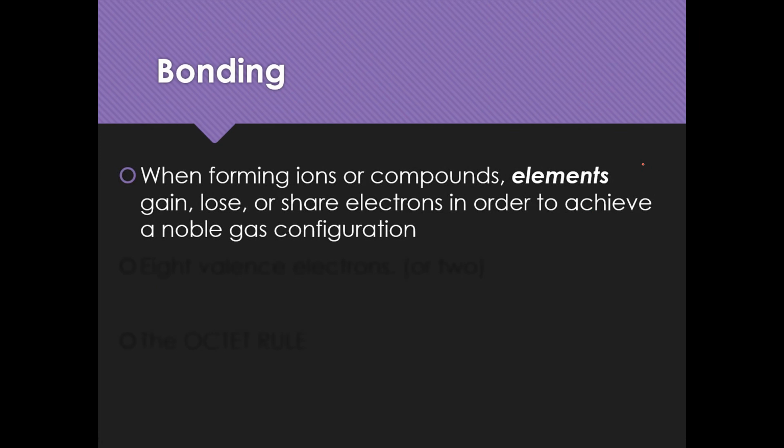Every element, as a part of the bonding process, wants to do whatever they can to become a full noble gas configuration. And what all those have in common is that the outside shell, that P shell, or in the case of helium, the S shell, is full.